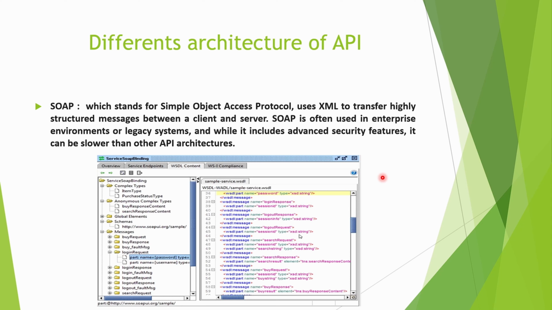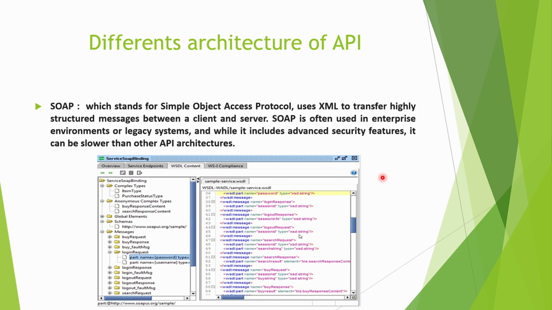Now, the SOAP APIs, which stands for Simple Object Access Protocol, rely heavily on XML to transfer data between the server and the client. It is still used in some legacy systems and in some enterprise environments where we need more security.